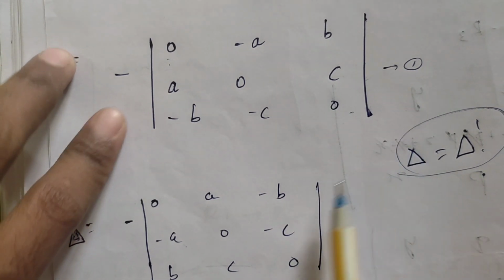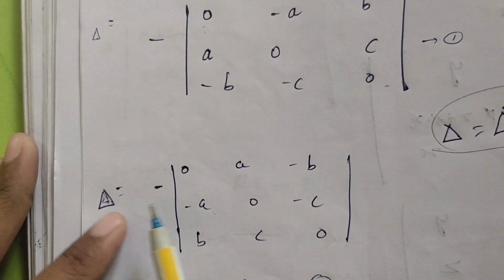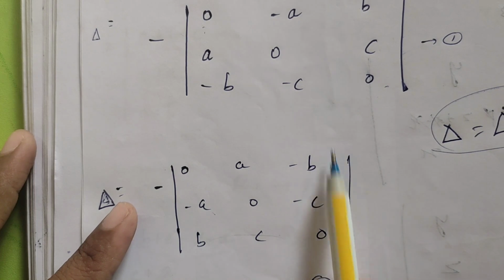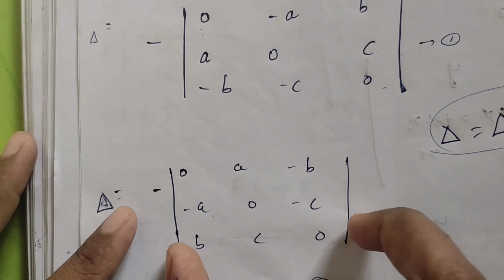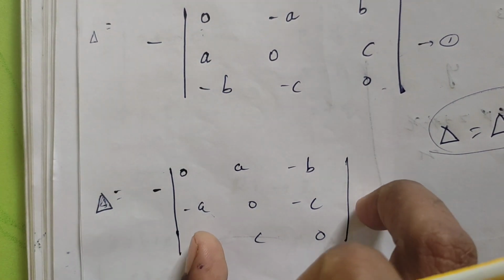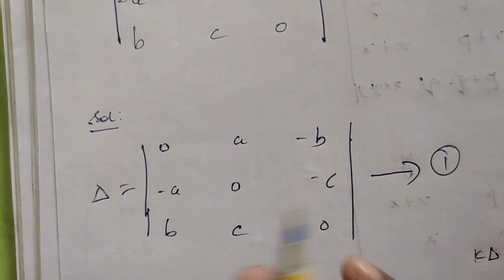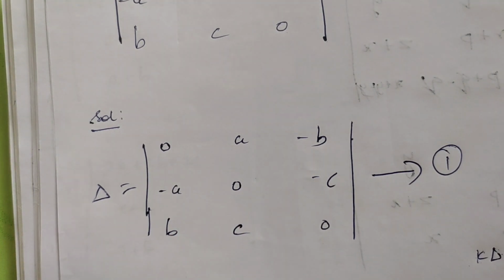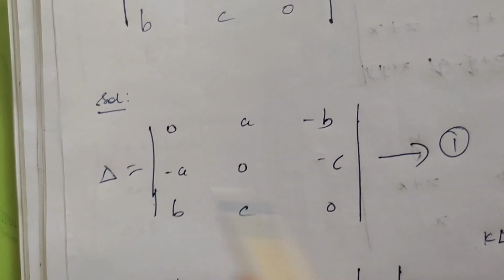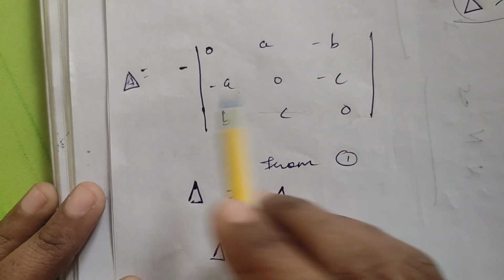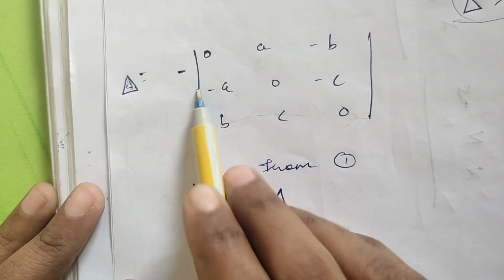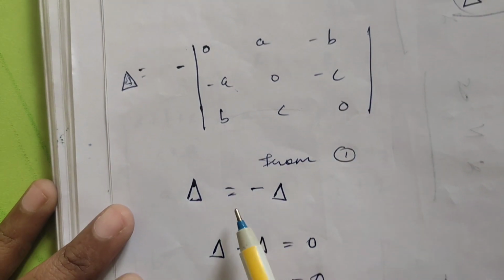We get delta is equal to minus the determinant of this, and this is nothing but our given determinant. Given determinant is this. Now I can replace that determinant with delta. So delta is equal to minus delta.